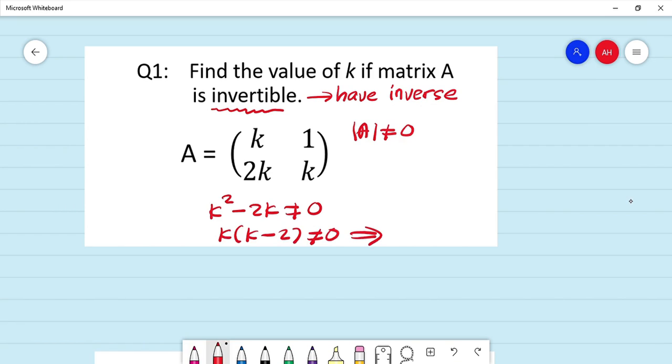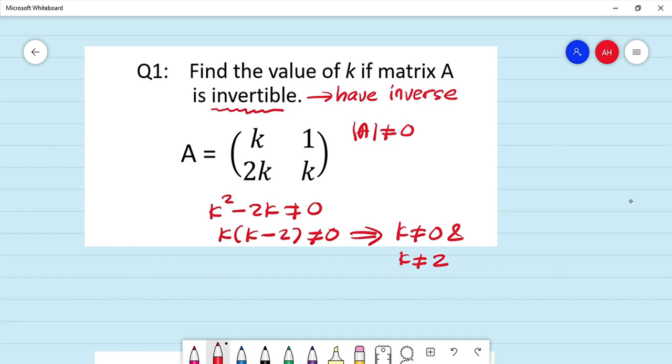Therefore, k must not equal to 0, and the other one, k must not equal to 2. In order for this matrix A to be invertible, meaning it has an inverse, k must not equal to 0 and k must not equal to 2.